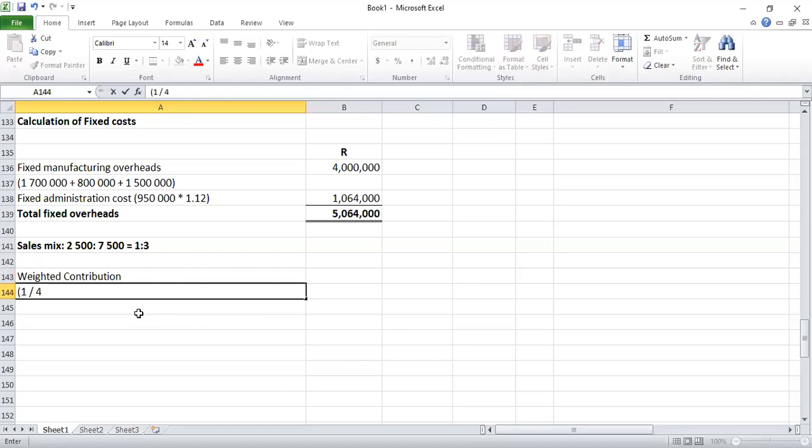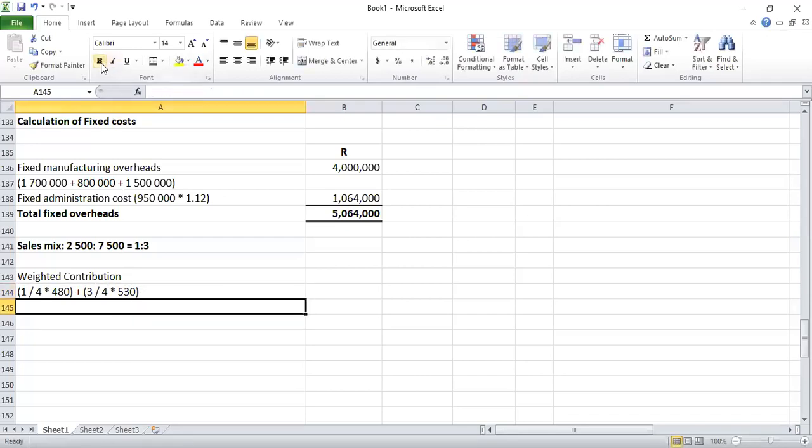The 4 is coming from 1 plus 3, times the contribution of classic, which is 480, plus, you now take the other one, 3 over 4 times the contribution of fashion, which is 530.